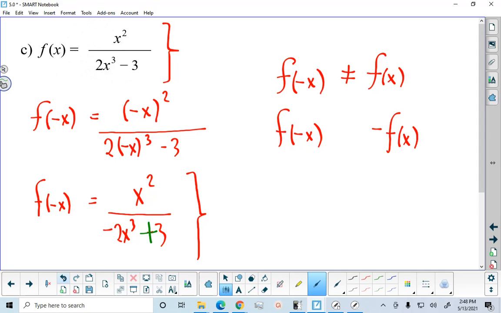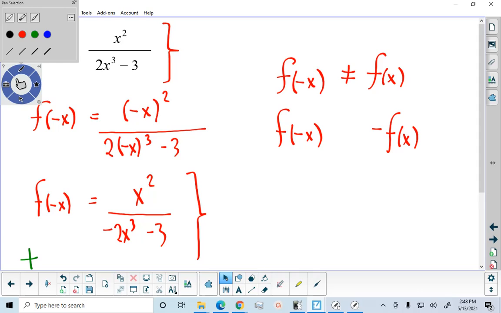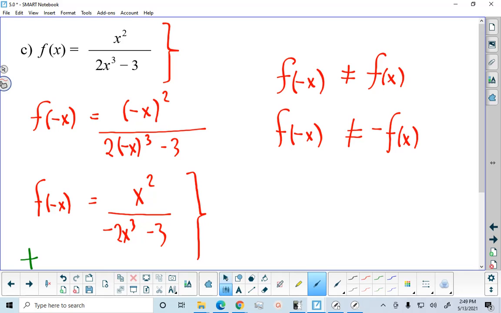But let's wake up and come back to reality here, because it is not +3. It's -3. What does this mean? It means that f of -x is not the same as -f of x, so it's not odd. And if it's not even and it's not odd, then it's neither. In other words, this has no symmetry.